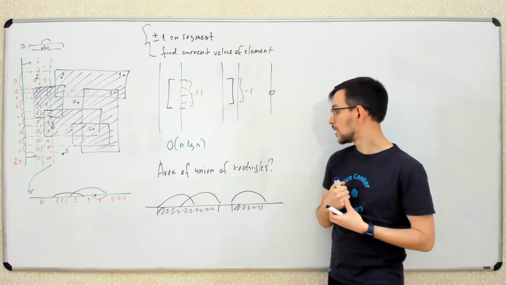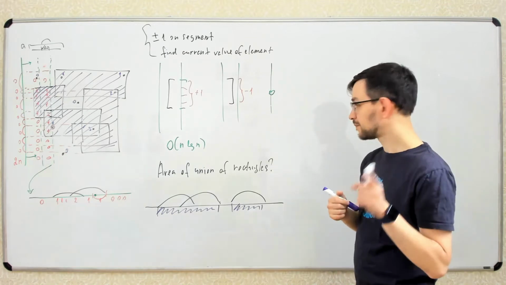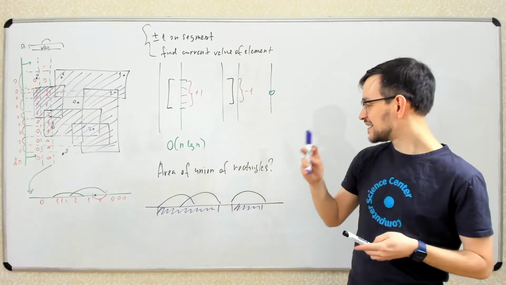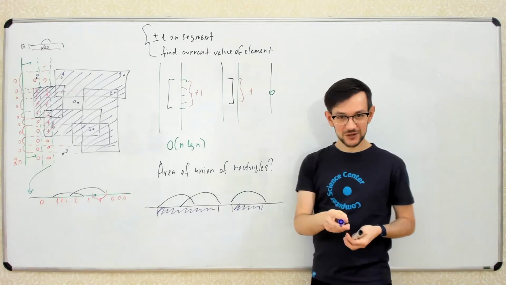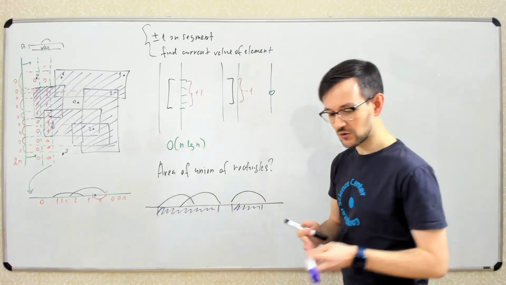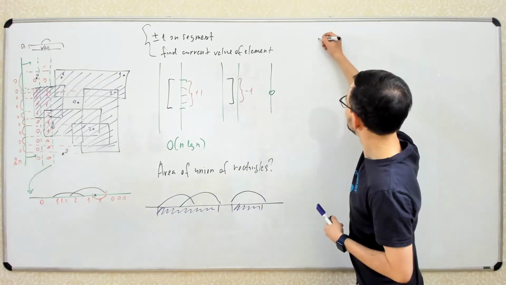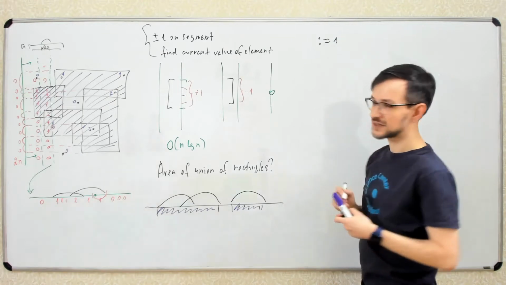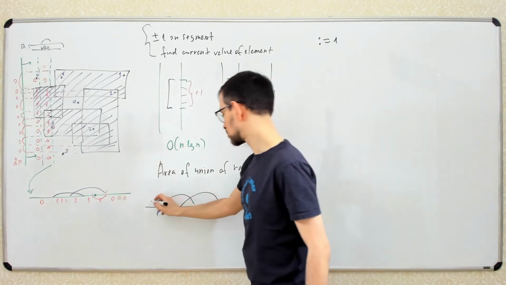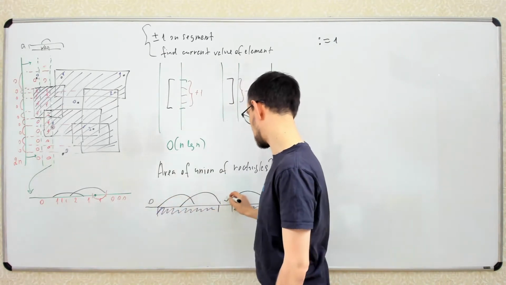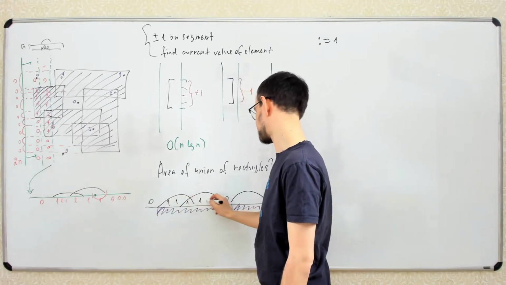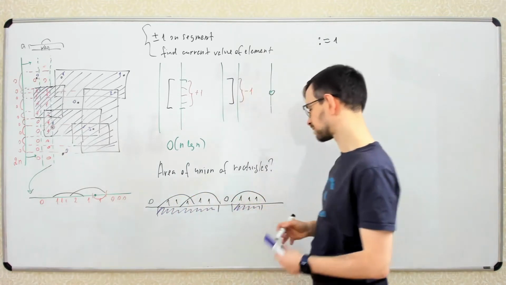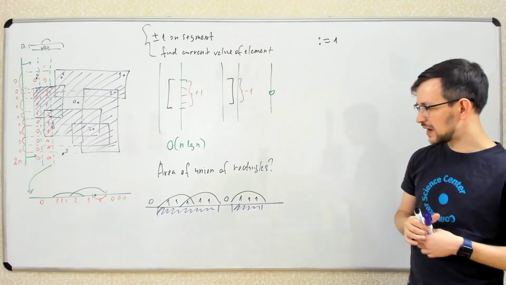Assign, find sum. Makes sense. Yes, you can do it using a segment tree with two operations. The first operation is to assign value. So if you have zeros here and ones here, then what you need to do?